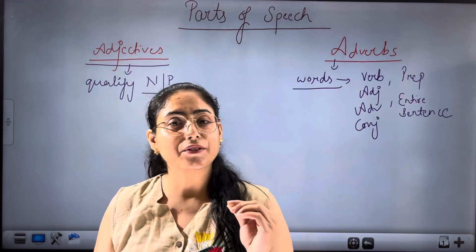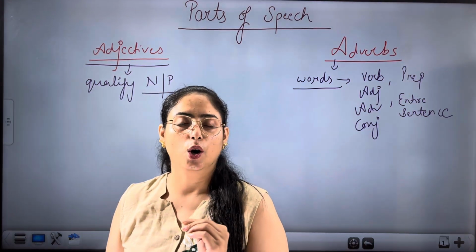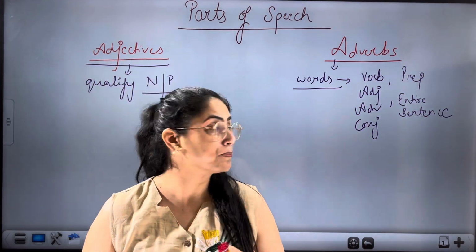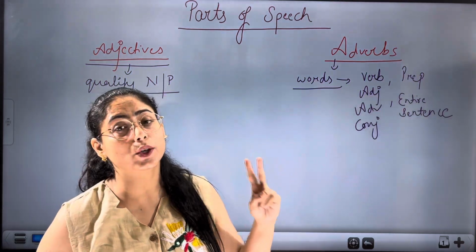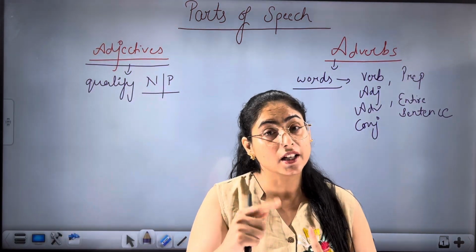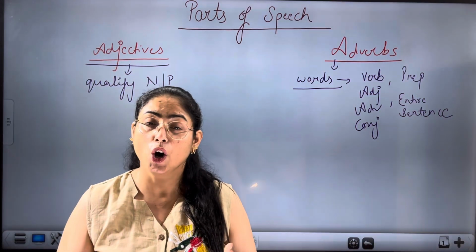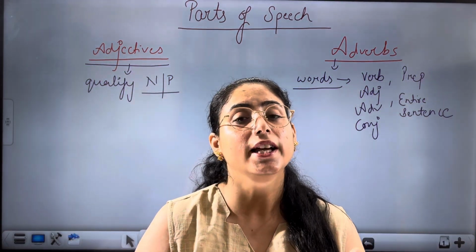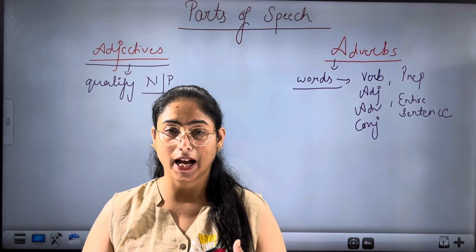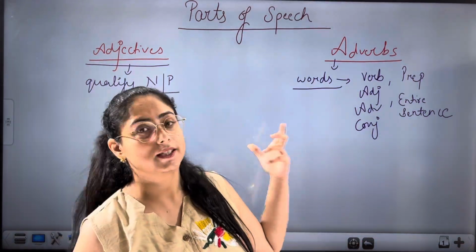Again, adjectives can only qualify a noun or pronoun. Second thing, adverbs can qualify verbs, another adverb or adjective or preposition or conjunction or even the entire sentence. I'll make a separate video on this definition.